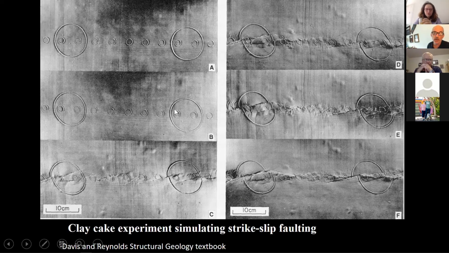Early on, A to B, you just see distributed deformation. But then by about C, we start to get these discontinuous en echelon faults forming, not exactly parallel to the fault zone, but en echelon oblique. And then as the shearing continues, we get this coalescence of the faults and linkage.